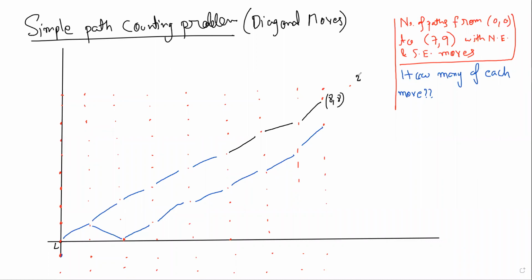I mean, it's clearly not possible. Sorry, no, this was correct, right? Why am I changing this? This is 8 comma 9. It's one step above and you cannot reach there simply. This is 9 comma 9. So it is not possible with these moves. It is as simple as that.